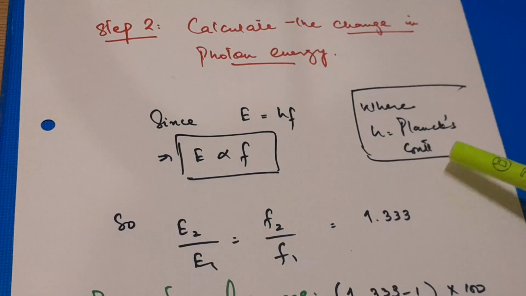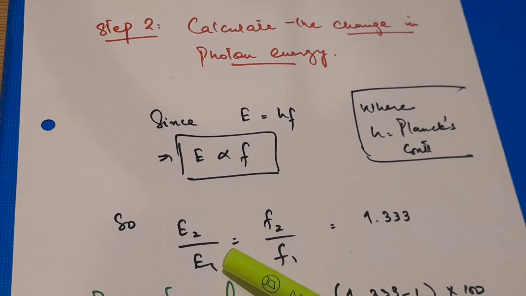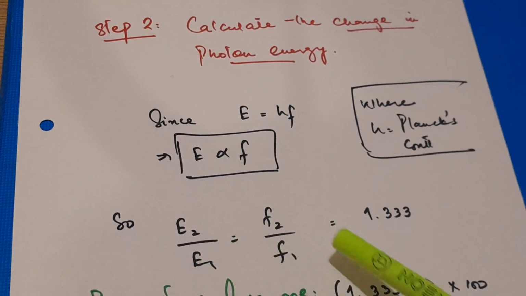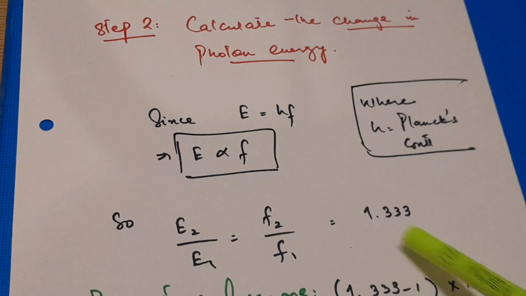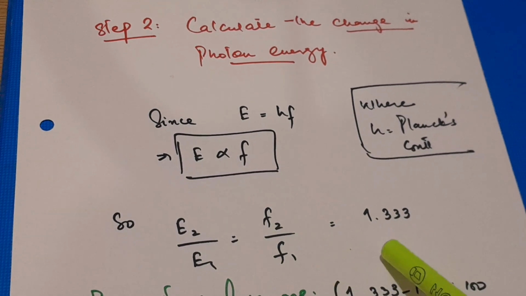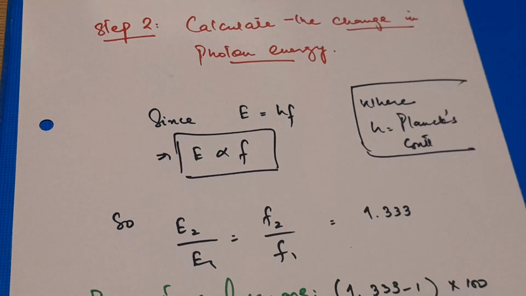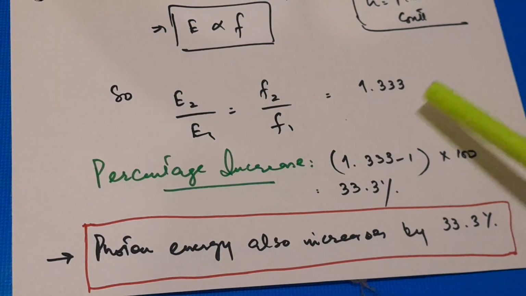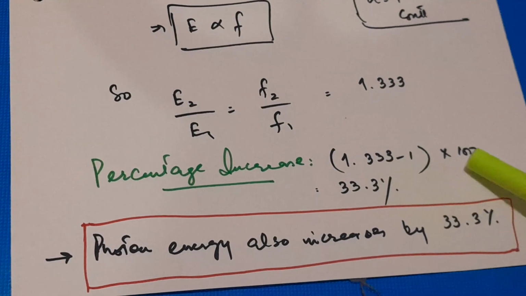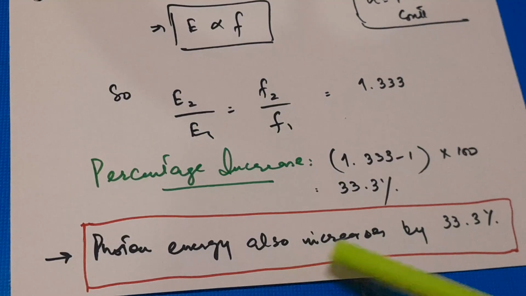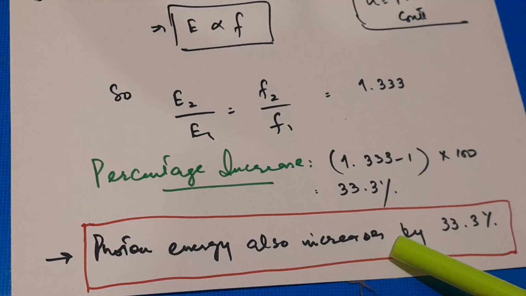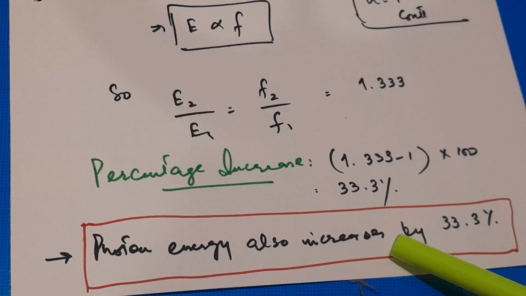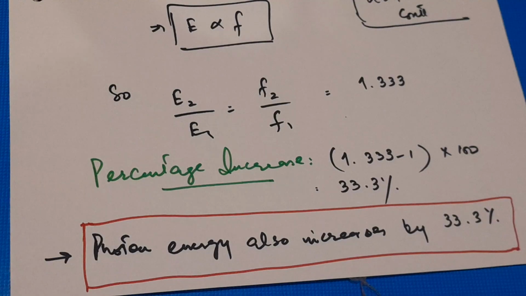So E is proportional to the frequency. So rewriting the equations for E2 to E1, we'll get E2 over E1 equal to f2 over f1, which is equal to 1.33. Again, the percentage increase can be determined in a similar way as 1.33 minus 1 into 100, which is again equal to 33.3%. Thus, the photon energy increases by 33.3%.